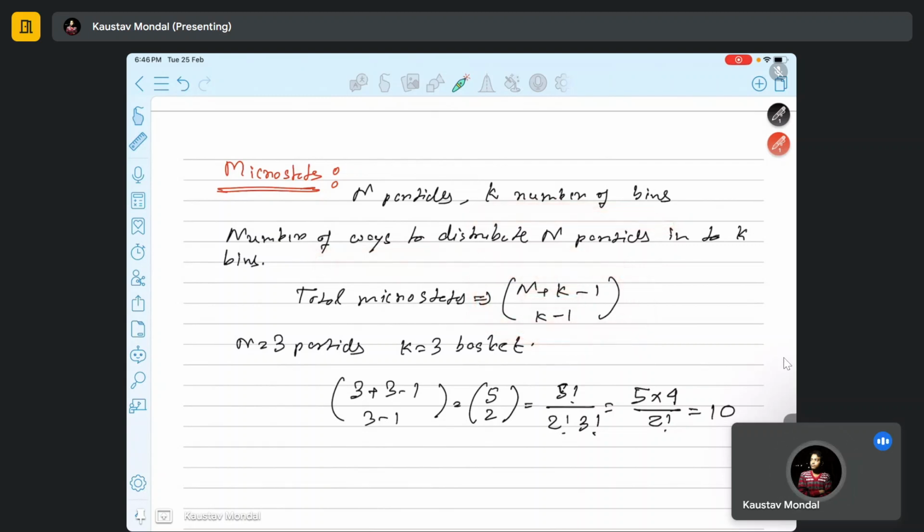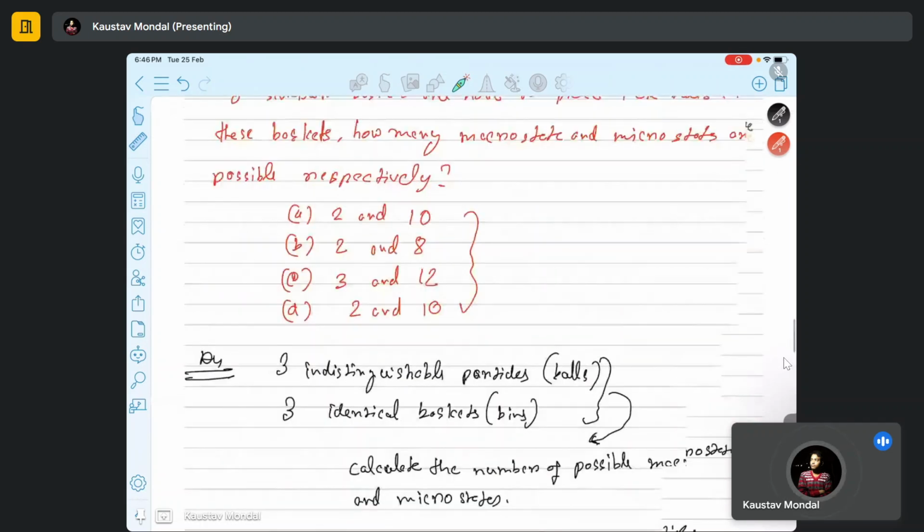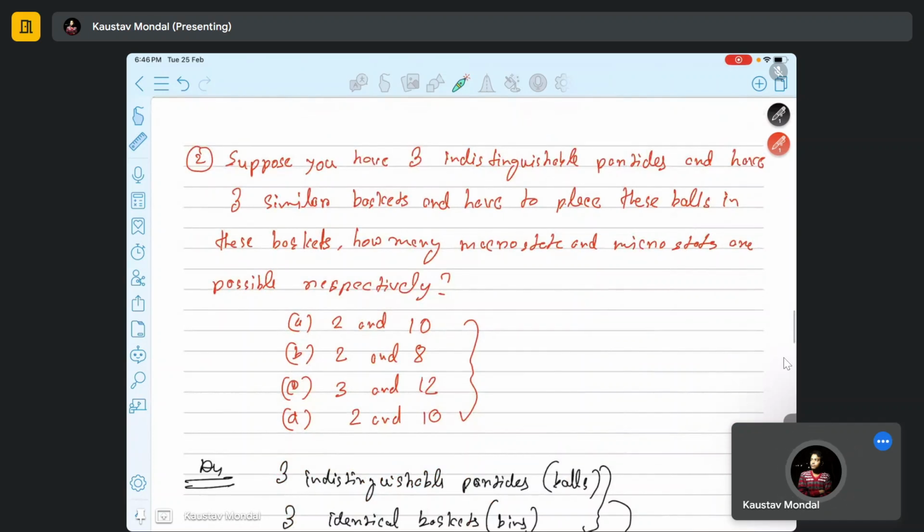This is the total number of microstates for our problem, where n is the number of particles and k is the number of baskets. If you substitute, it gives 3 plus 3 minus 1, choose 3 minus 1, which gives you 10. So the correct answer will be option A, 2 and 10. So problem number 2 is done.